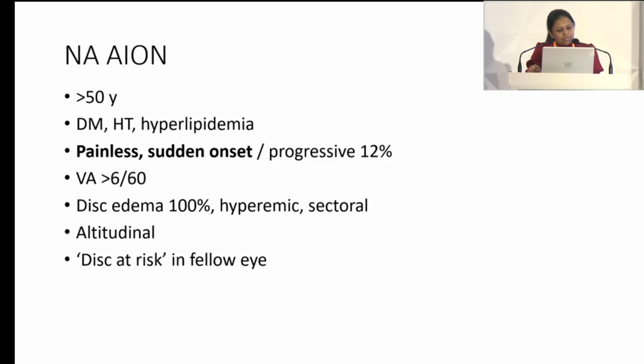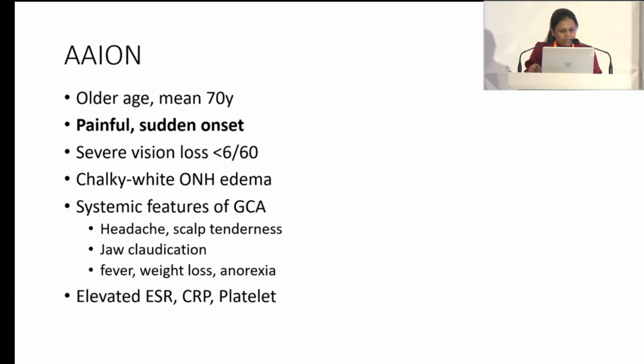In a patient presenting at more than 50 years with underlying cardiovascular risk factors, with painless sudden onset visual loss and hyperemic disc edema, which can even be sectoral, in the presence of a small crowded disc or disc drusen in the fellow eye, we can suspect non-arteritic anterior ischemic optic neuropathy as our first differential diagnosis.